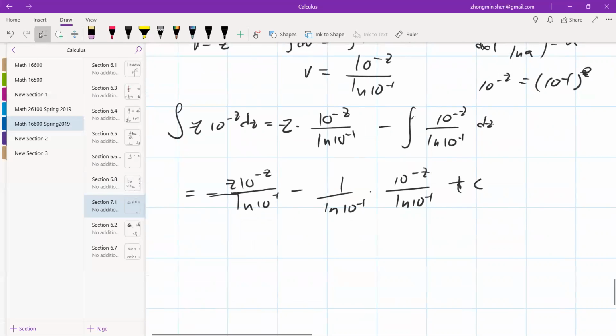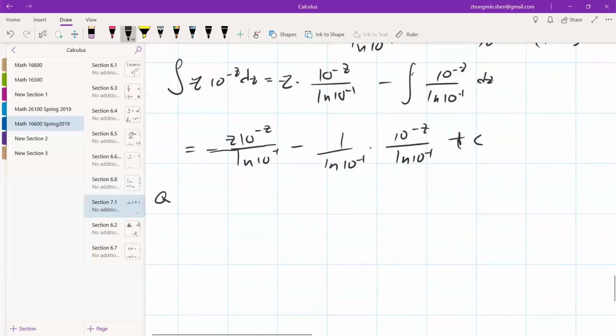But do not always try to use the integration by parts. There are so many different types of problems. When you get a function, you should take a quick look to see what is the best way to solve the problem. You cannot just apply integration by parts, it does not work.